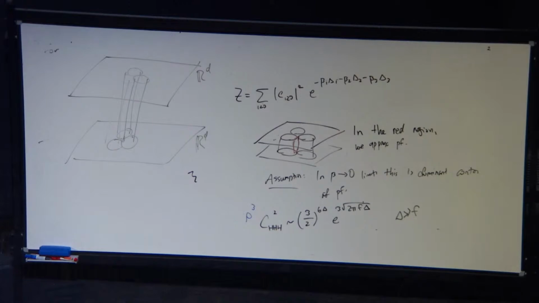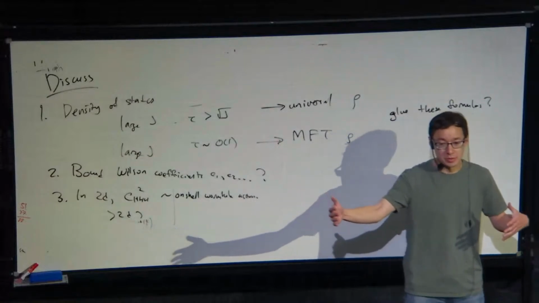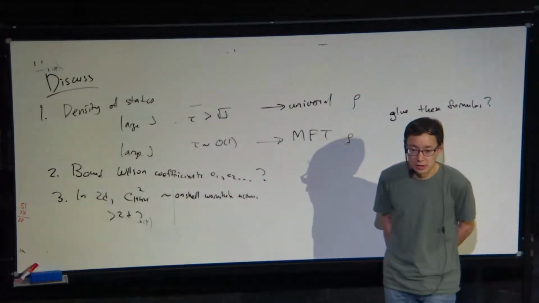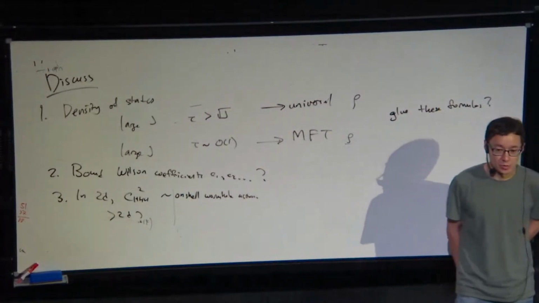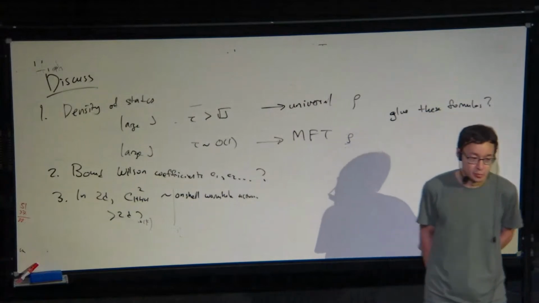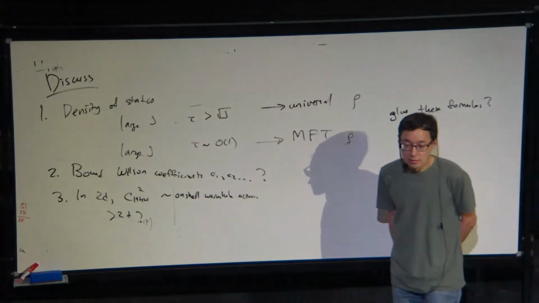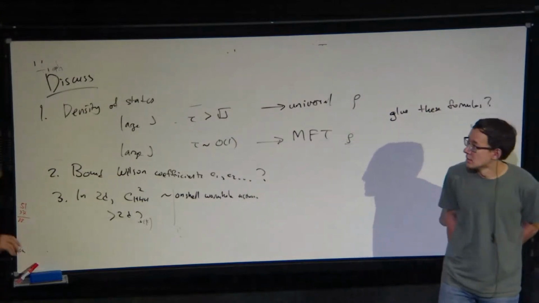One thing you can do, but it doesn't seem very efficient, is imagine you had a huge amount of operators, then you could just match the operators or the partition function with these. So I think that would be one way to do it. I'm not sure about more efficient ways, but yeah.